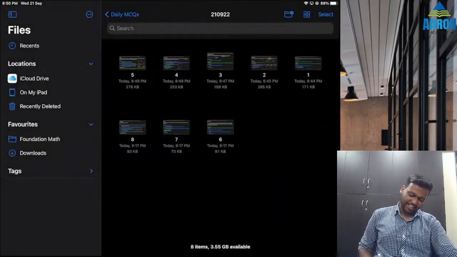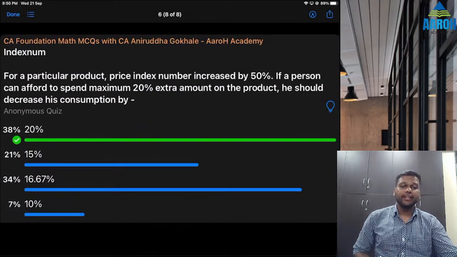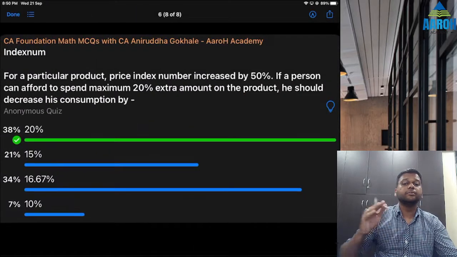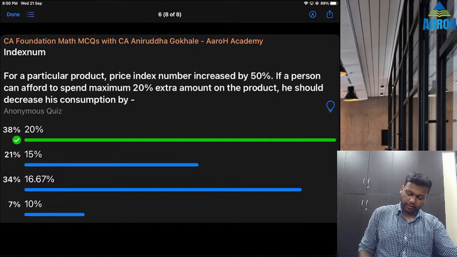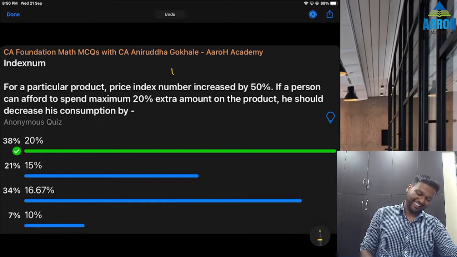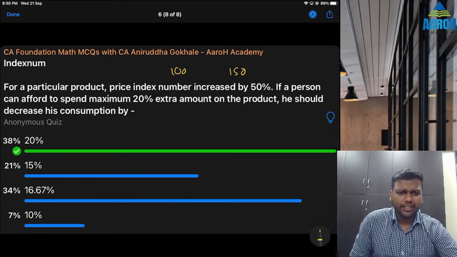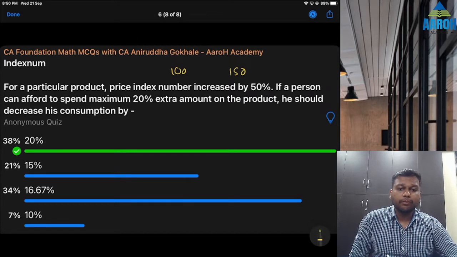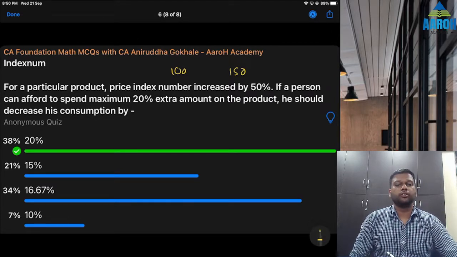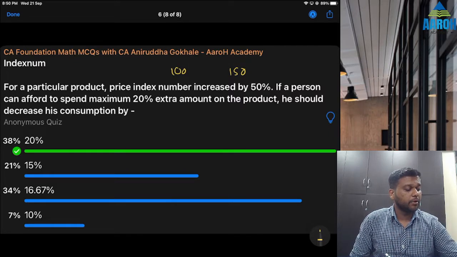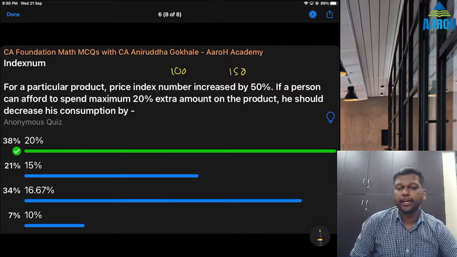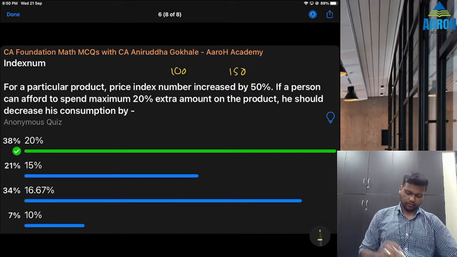And next, for a particular product, the price index number increased by 50%. So if it was 100, now it became 150. If a person can afford to spend a maximum of 20% extra amount on the product, then he should decrease his consumption by how much? Now this is a question of value index number. Concentrate carefully.